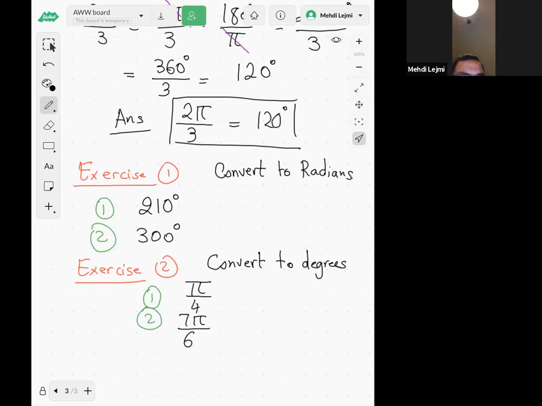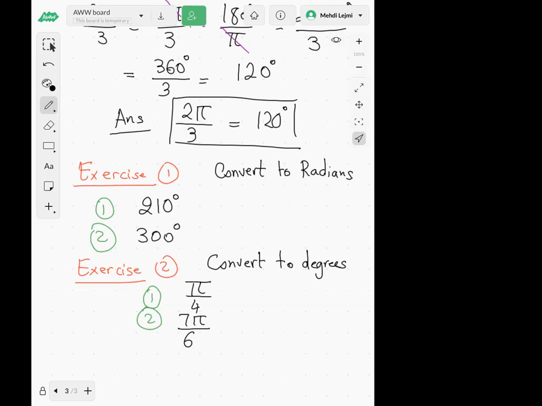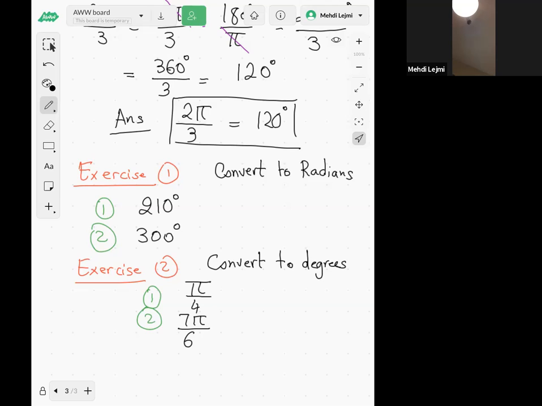Norton, you're saying 7 pi over 6 for number one, which is absolutely correct. Very good, yes.